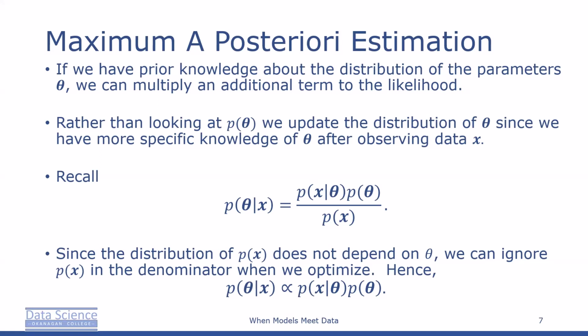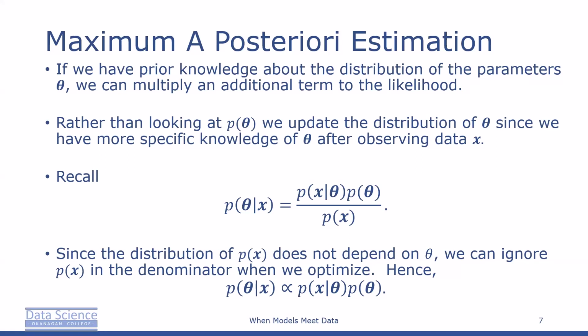Recall that we're interested in finding the parameter theta that maximizes the posterior. Since the distribution p of x does not depend on theta, we can ignore the value of the denominator in the optimization, and we just observe that the probability of theta given x is proportional to the probability of x given theta times the probability of theta.